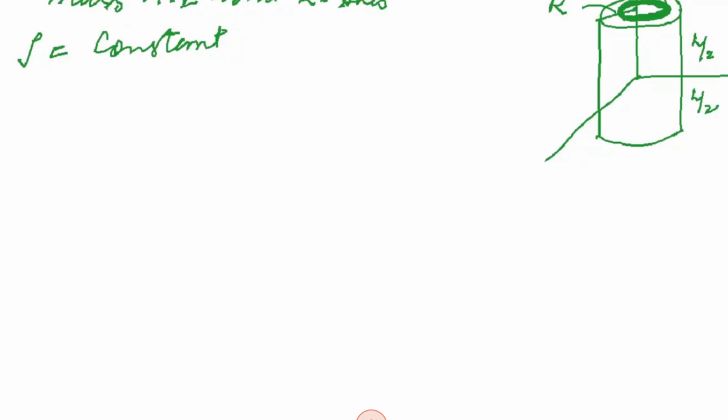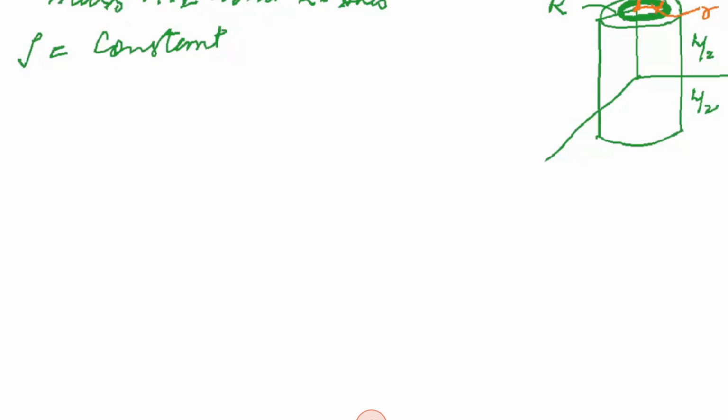Let's say it is dr. dr is the element, and it is at a distance of small r. This distance is r, and we have chosen an elemental width dr, but it has a complete circle of radius r, for which we are actually calculating the mass moment of inertia.